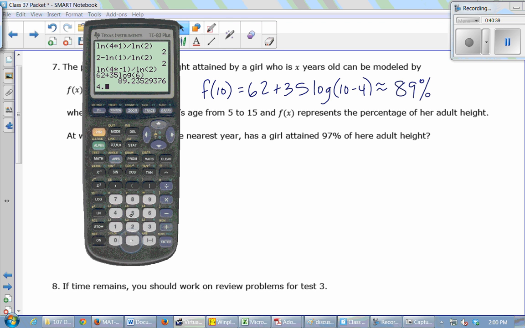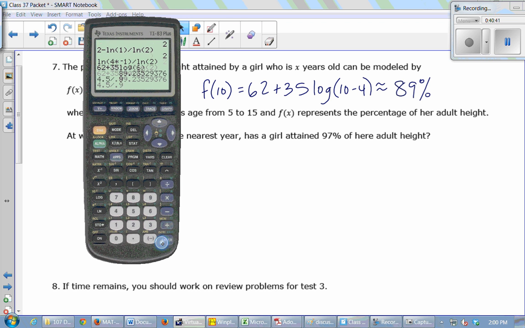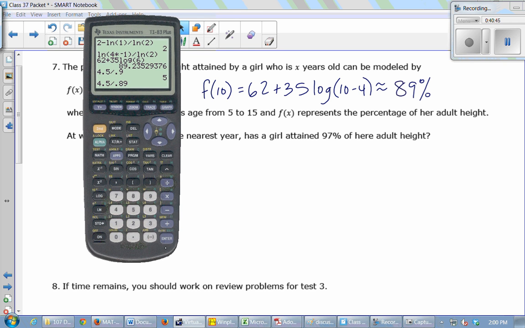I would take 4.5, divide by 0.89. About 5.05 feet tall. Just about 5 feet tall.